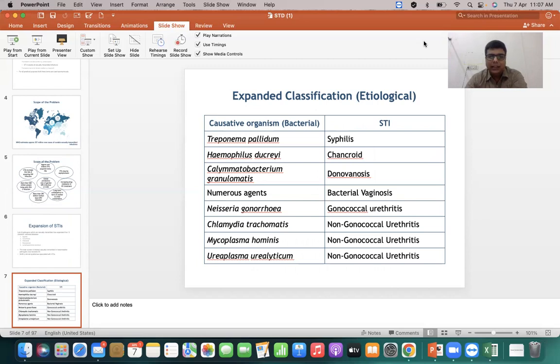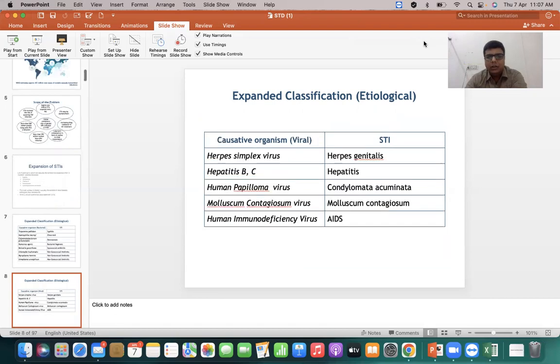So, bacterial: Treponema pallidum, which causes syphilis, Haemophilus ducreyi, which causes chancroid, Calymmatobacterium granulomatis, which causes granuloma inguinale. Various agents cause bacterial vaginosis. Neisseria gonorrhoeae causes gonococcal urethritis, and Chlamydia trachomatis, Mycoplasma hominis, and Ureaplasma urealyticum all cause non-gonococcal urethritis.